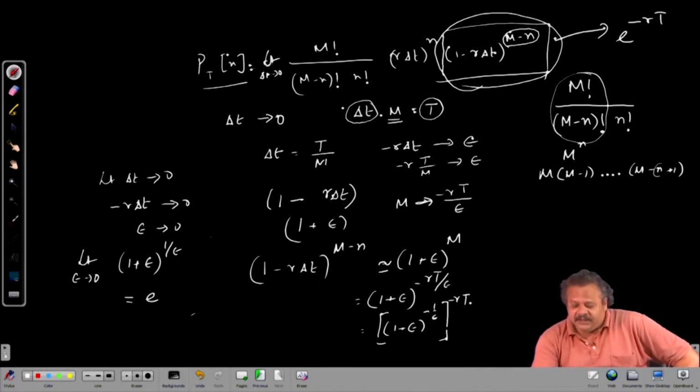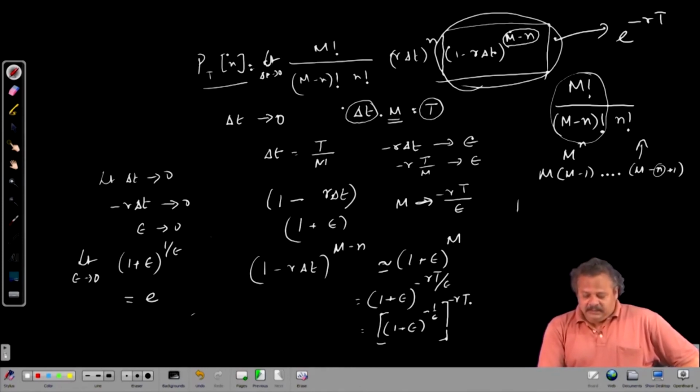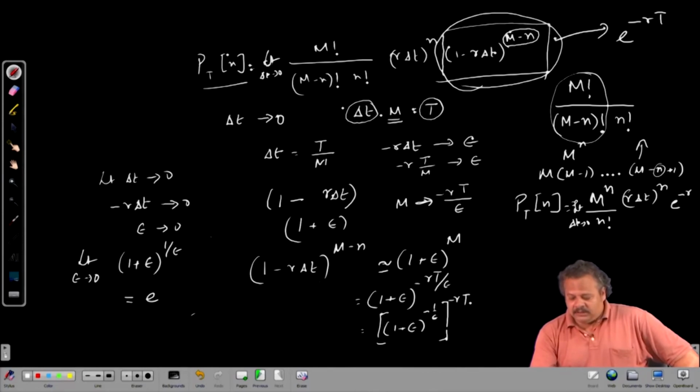Since n is fixed and small compared to capital M, and M is growing unbounded towards infinity, the ratio of these two factorials can be replaced by M to the power n, and so what we have as P_T(n) is simply M to the power n divided by n factorial, r delta t to the power n, limit delta t tends to 0, and e to the power minus rT.